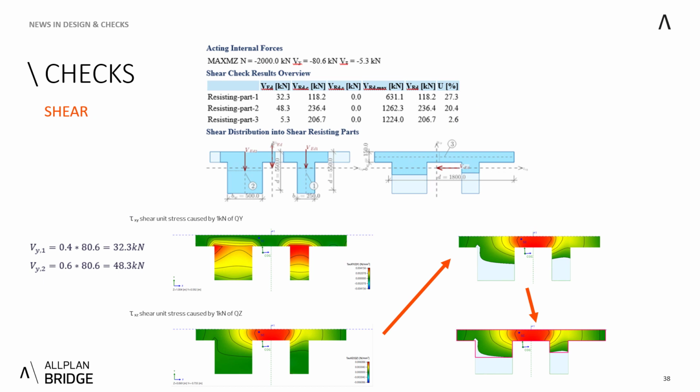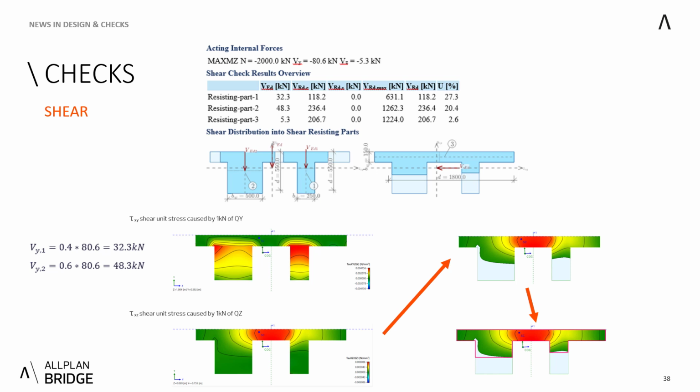So now we can move to the shear check. At first, let me jump a little bit to the theory, because as you can see, that's not our section in the example, but it's an alternative example where I can explain how the shear force is distributed to the shear resisting parts and how they are identified.